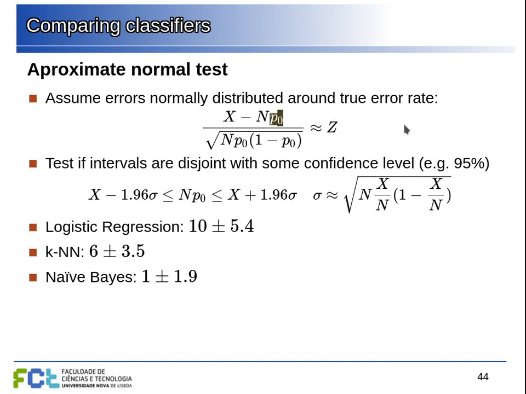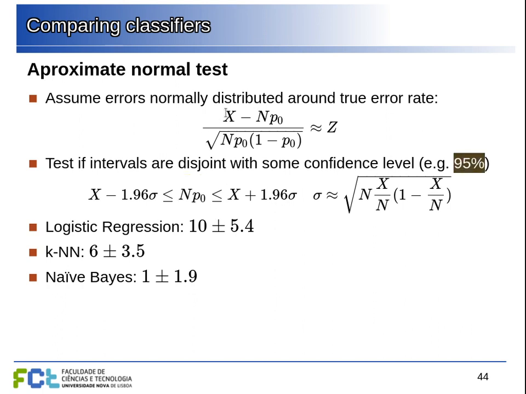So if we assume that this is a normal distribution, then the mean would be the true error, and the standard deviation would also depend on the true error, and so we can use our own measure of errors as estimates for this and obtain a confidence interval where we would expect to find the true error, or the true error multiplied by the size of the test set, so that this gives us the number of mistakes we are making on this test set, with a confidence of, for example, 95%.